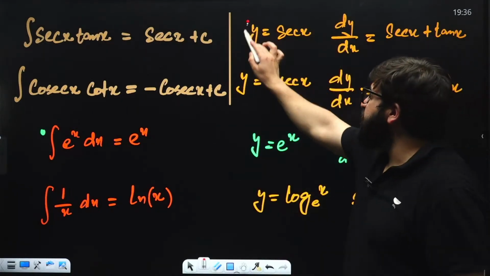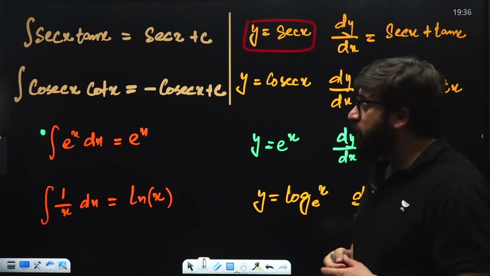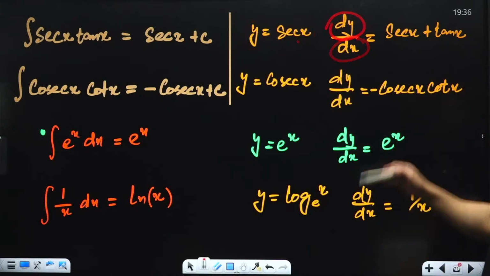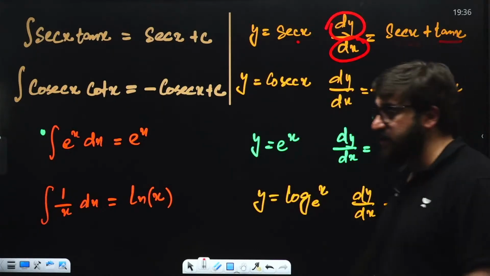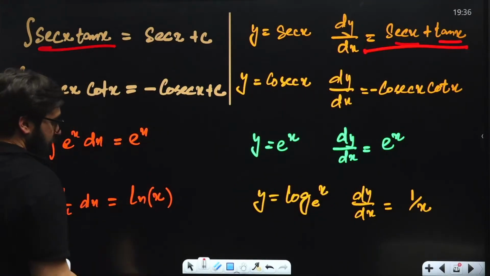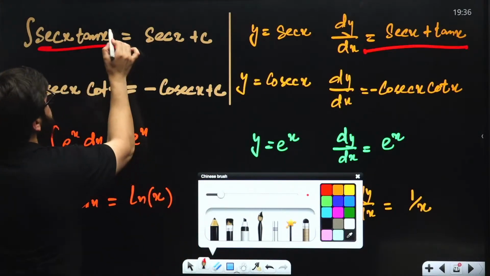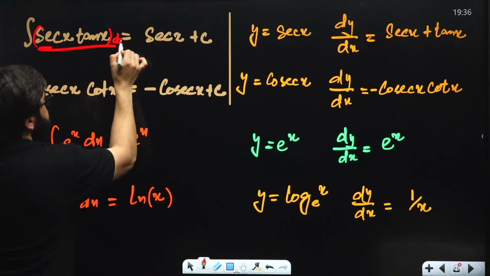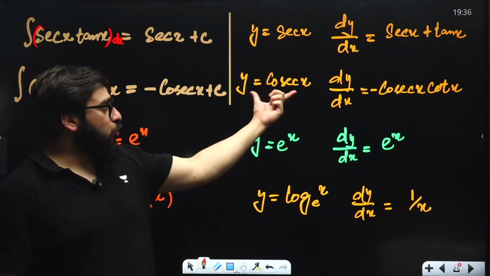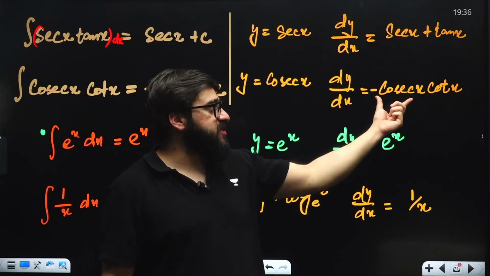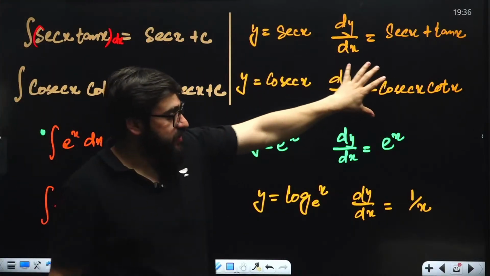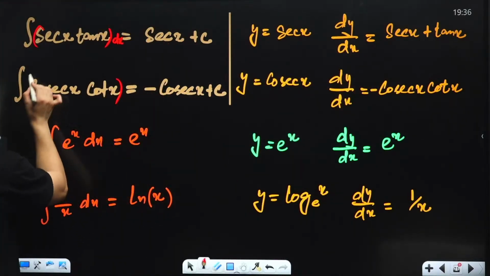Now, we say y is equal to sec x. We said differentiation dy by dx of sec x is simply sec x tan x. That is differentiation. Now do the integration of this. Integration of sec x tan x, and over here multiply with dx, will give you back sec x. Similarly, y is equal to cosec x. Differentiation of cosec x is minus cosec x cot x. We say integration of this will give you minus cosec x.